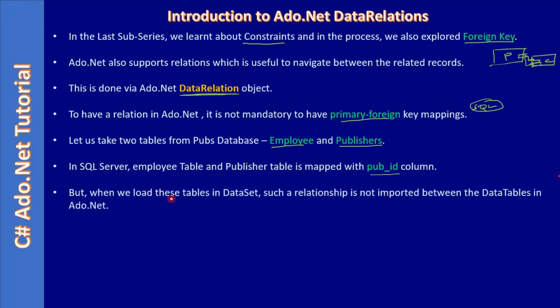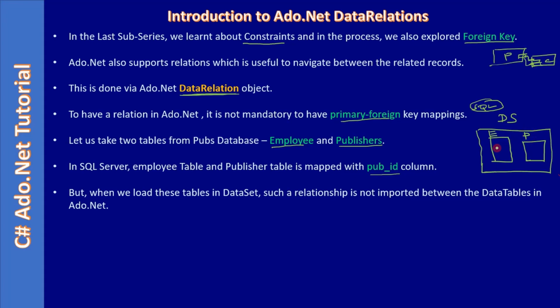But when we load these tables in dataset, the employee as well as publisher table in the dataset, such a relationship is not imported between the data tables in ADO.NET. So we know that we can load these two tables in dataset. Let us state that this is dataset DS, and we can load data table for employee and data table for publishers.